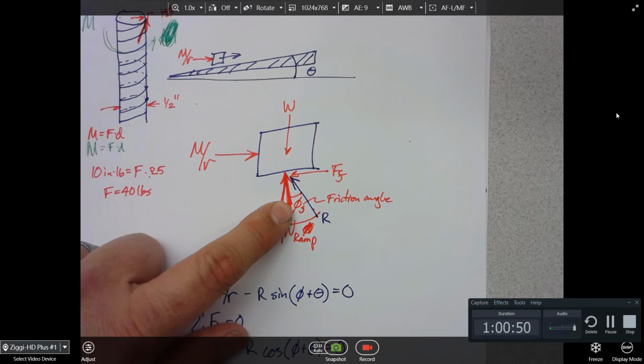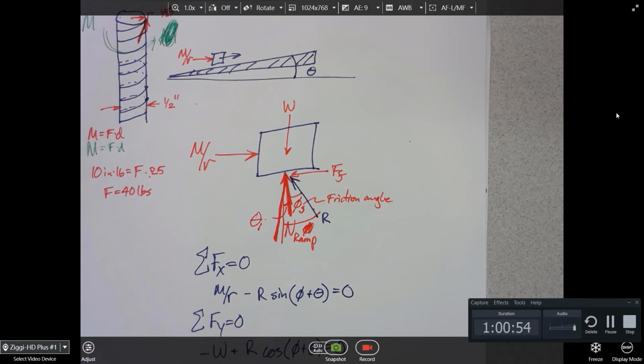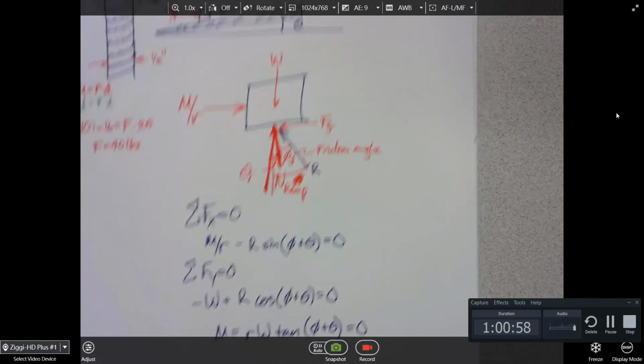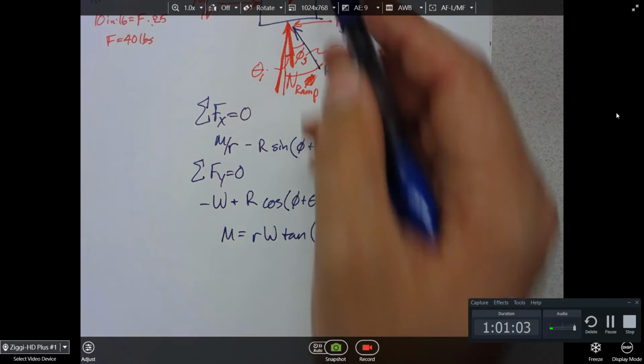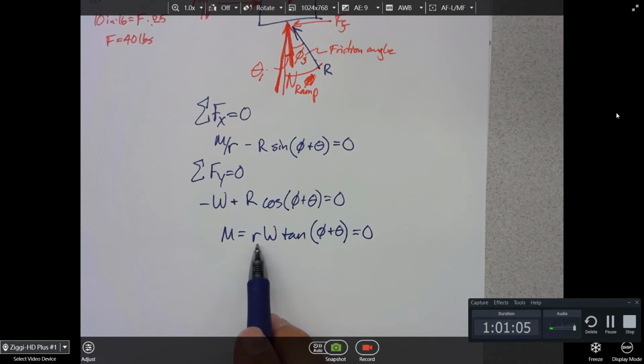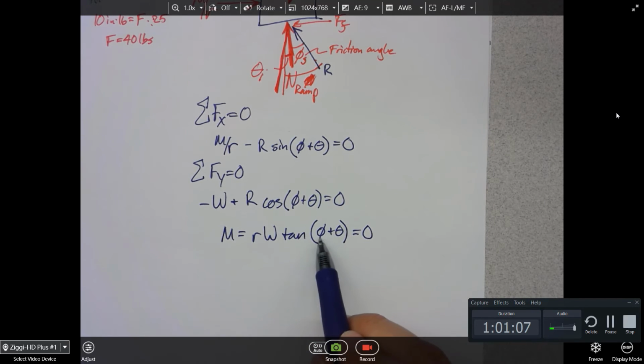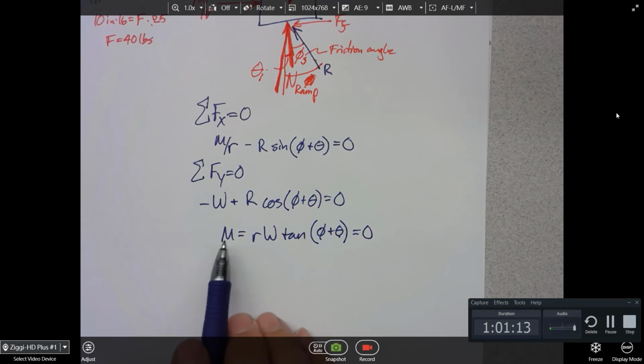Phi is the friction angle, which is just tan phi equals mu static. So we end up with a really simple equation: if I'm trying to move something up, I know its weight, I know the radius of the bolt I'm using, I know the coefficient of static friction, and I know the pitch of the screw, or how many revolutions per inch, I can determine the required moment to lift it.